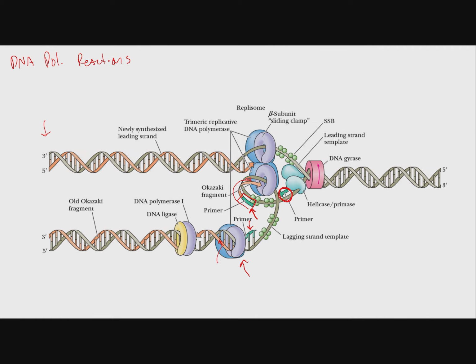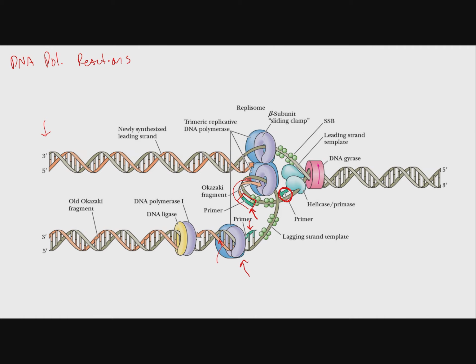You also need all 4 deoxyribonucleoside triphosphates. So lots of dTTPs and dATPs and dGTPs and so on. This process requires magnesium 2+. We're going to have some cofactors here. We need a DNA template. In this case, the strand of DNA provides that. And then we also need all 4 ribonucleoside triphosphates: ATP, UTP, GTP, and CTP.